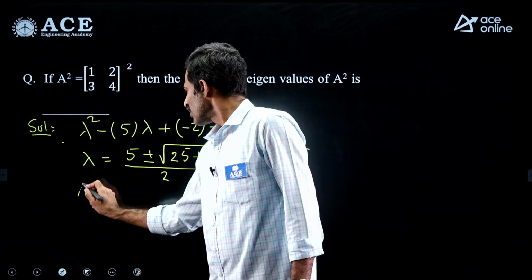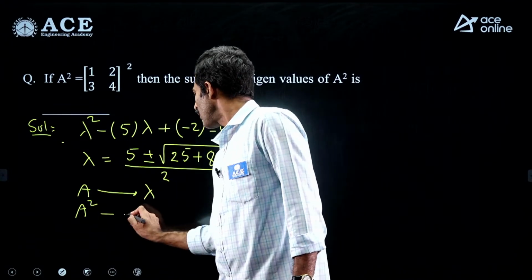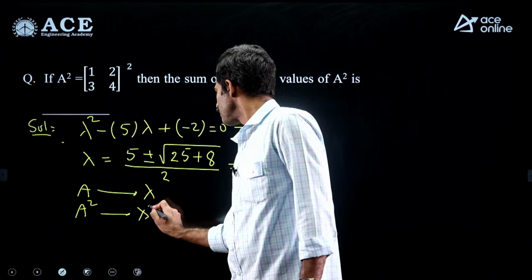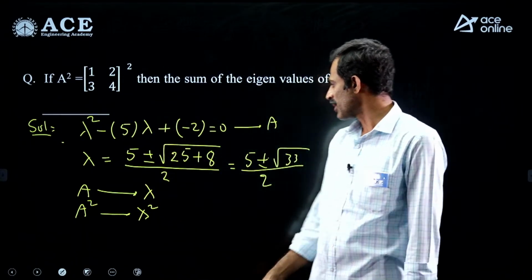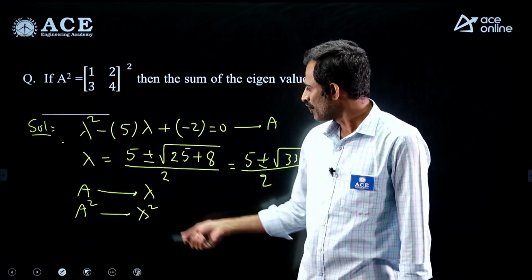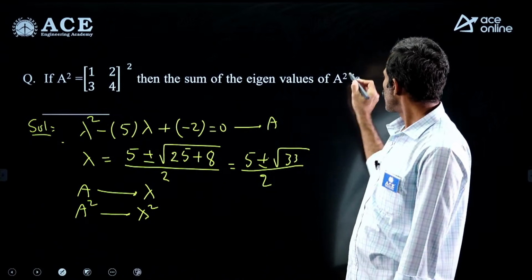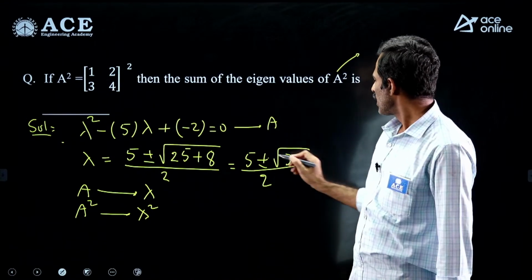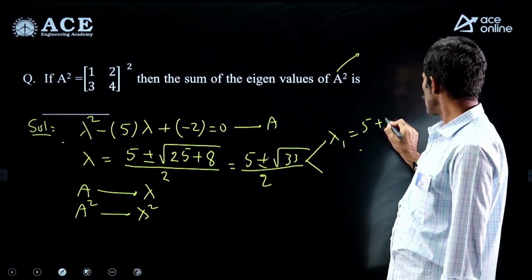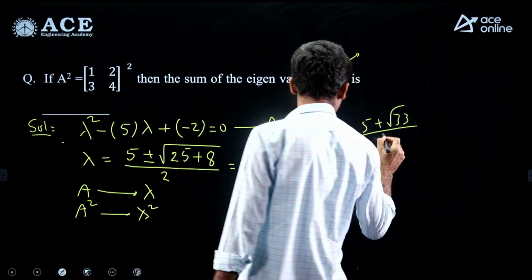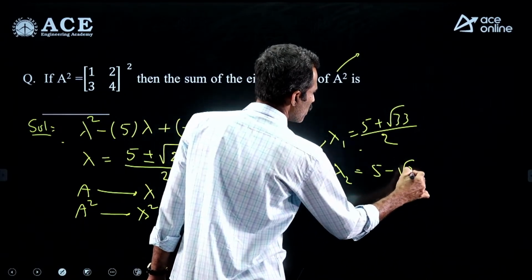Suppose A has eigenvalue lambda, then A square will have eigenvalue lambda square. If lambda is the eigenvalue of matrix A, then lambda square is the eigenvalue of A square. We already know the lambda values, but here we require the sum of the eigenvalues of A square. Here lambda 1 equals 5 plus root 33 by 2, and lambda 2 equals 5 minus root 33 by 2.